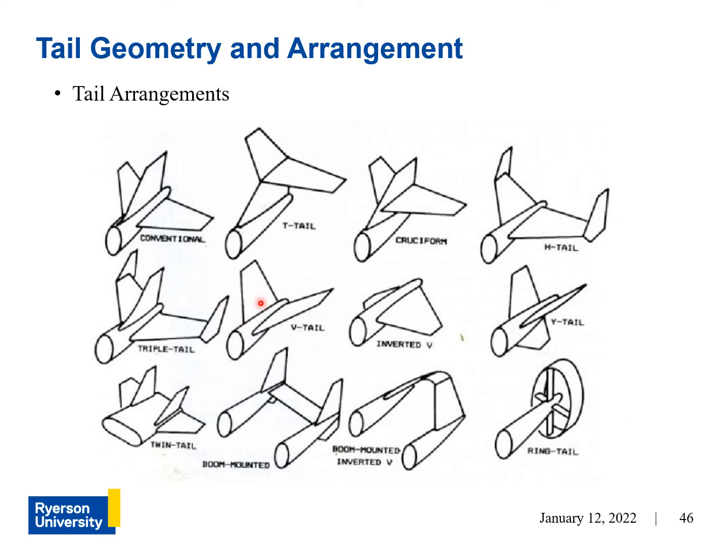And a more exotic tail arrangement is the V-tail. And it offers less interference drag and also reduces the wetted area of the tail. And wetted area is just the exposed area to the airflow.